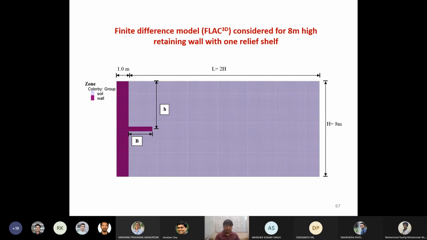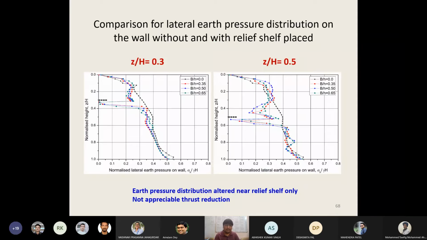So, quickly moving towards the results, using a single relief shelf at different positions, we noted that the introduction of a single relief shelf only marginally alters the earth pressure distribution just below the relief shelf. Above the relief shelf, the black line you can see is without the relief shelf, and with the relief shelf it is marginally decreasing at this position, while the upper part is quite similar.